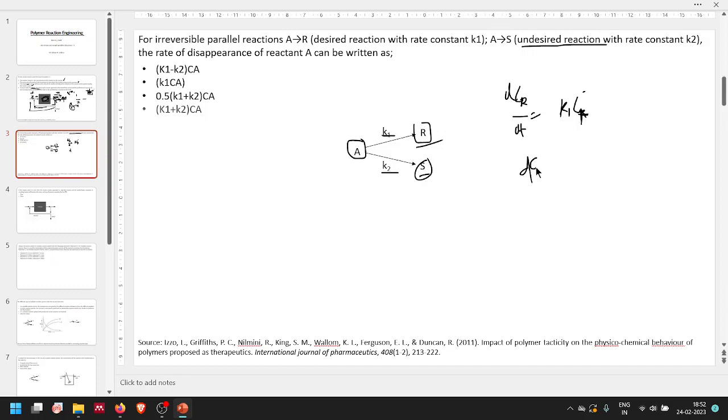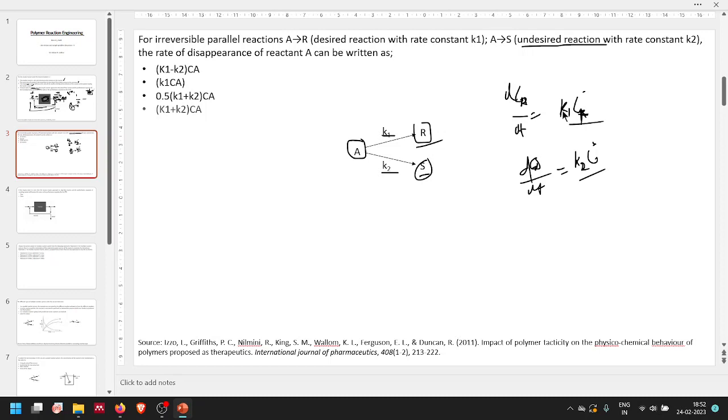Next, we have dCa/dt, K2 Cs with some reaction order right here.